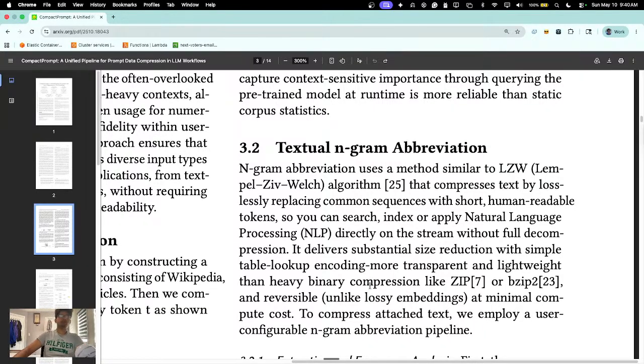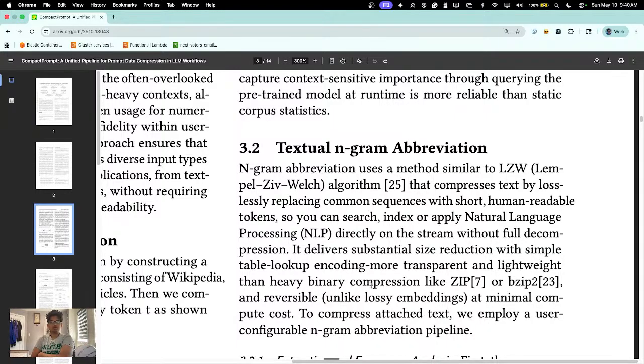So here it is. N-gram abbreviation uses a method similar to the LZW, Lempel-Ziv-Welch algorithm, that compresses text by losslessly replacing common sequences with short human-readable tokens. So you can search, index, or apply natural language processing (NLP) directly on the stream without full decompression.